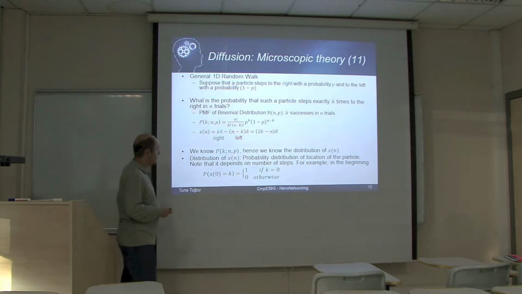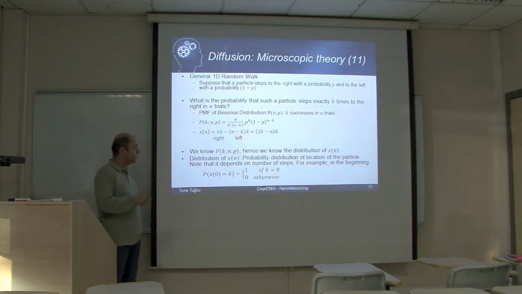Okay? So we know the probability of having k successes, hence we know the distribution of x of n. The distribution of the x of n would be the probability distribution of the location of the particle, and note that it depends on the number of steps n.